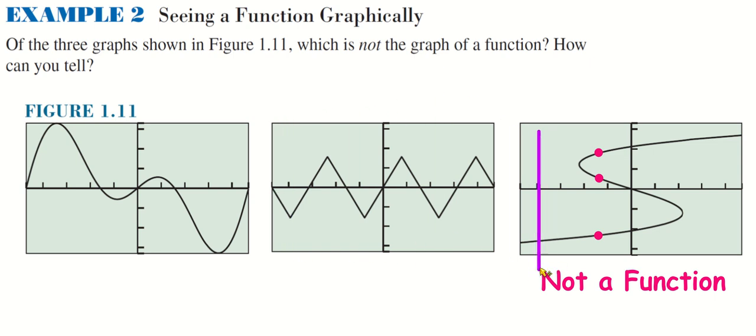But this one, as soon as we get to here, as we move left to right, it's obviously failing the vertical line test because it's hitting exactly twice. And across this whole interval, it's hitting the graph in three places. Here is an example of where it would fail the vertical line test, which is written here.